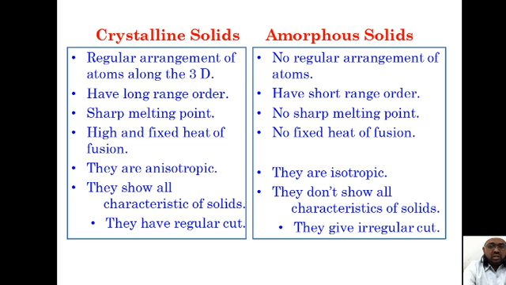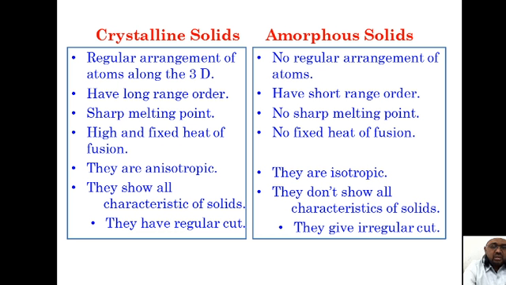In crystalline solids we have a sharp melting point, and in the amorphous solid you don't find any sharp melting point. The heat of fusion is very high in the case of crystalline solid, and we don't find any heat of fusion in the case of amorphous solid. Crystalline solids are called anisotropic in nature, and amorphous solids are isotropic. What is isotropic?